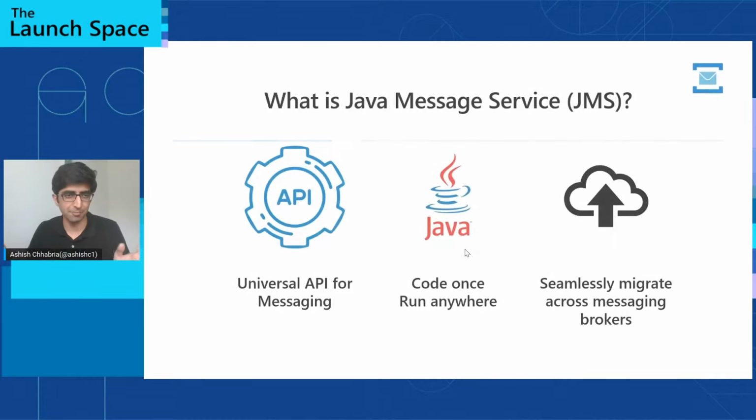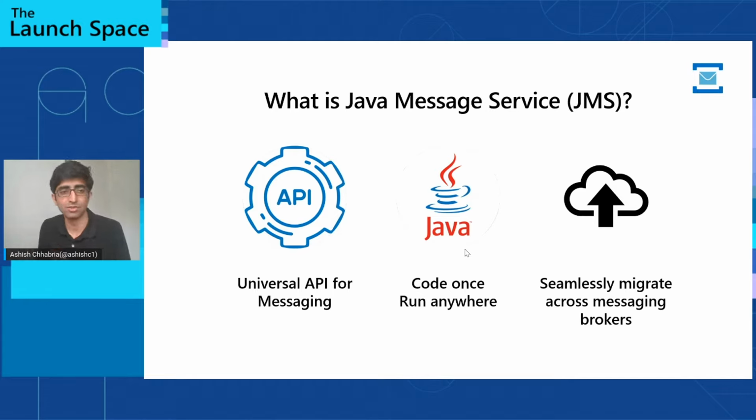Before we jump in, what exactly is the Java Message Service? A lot of folks may be aware of it, since this is a Spring-focused session, but just for completeness, JMS is one of the most refined and one of the early attempts at a universal API for messaging.